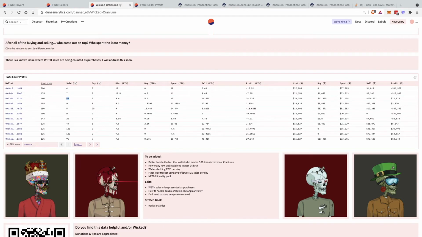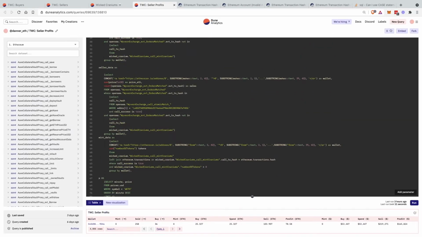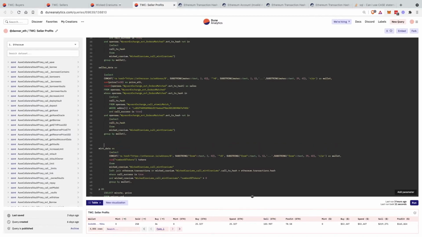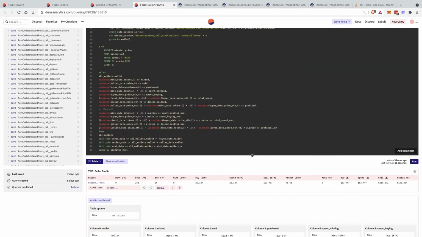And we don't have a highest sale in this column, but let's just go look in this table because likely we're just going to swap out the buyer data and the seller data common table expressions. Although, let's see, buyer data. I think we actually might get away because we're using this all wallets as our join.